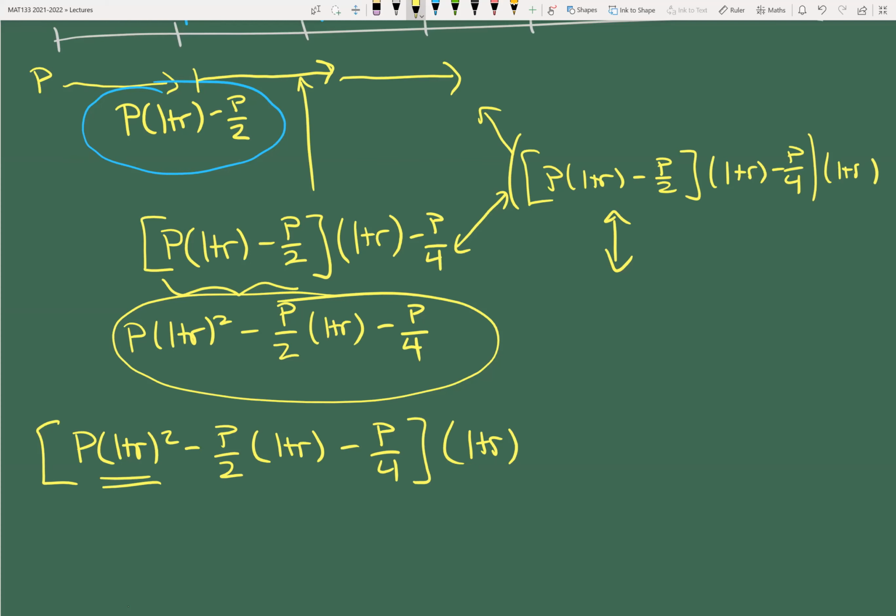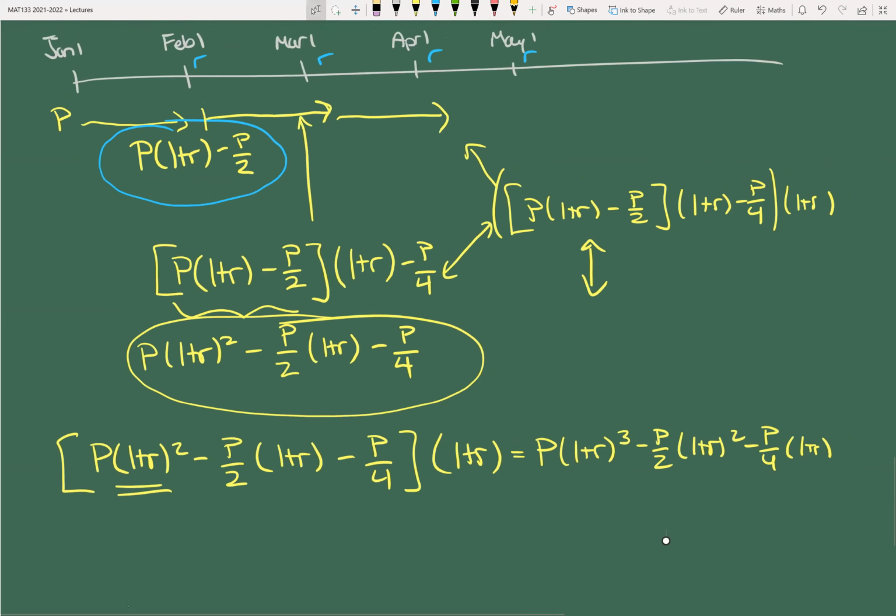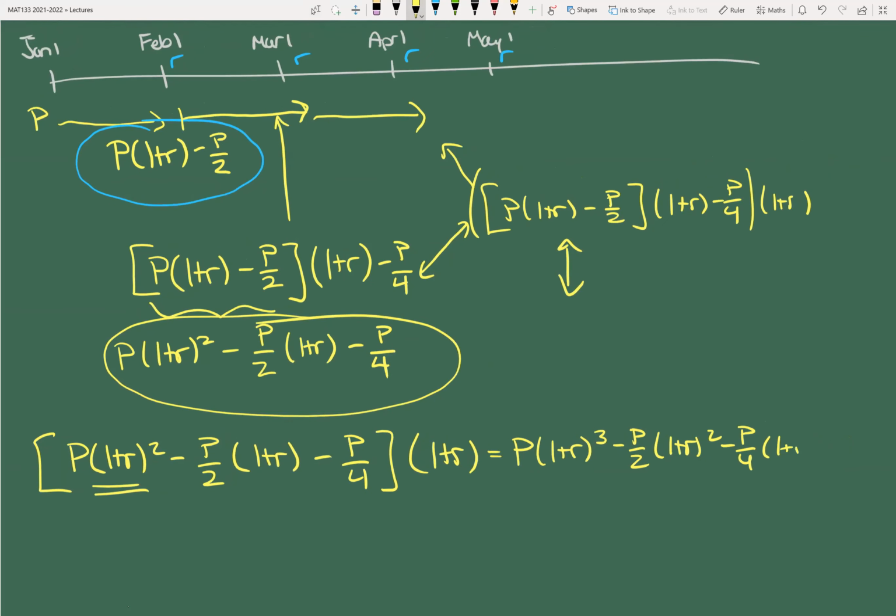So when I multiply by 1 plus R, I get 1 plus R cubed, minus P over 2 times 1 plus R squared, minus P over 4 times 1 plus R. Great. And then I do my final thing of getting rid of another P over 8. This isn't the final answer because the final answer wants it one more month from now. Louis, be careful about your brackets. You don't want to write the wrong thing there.